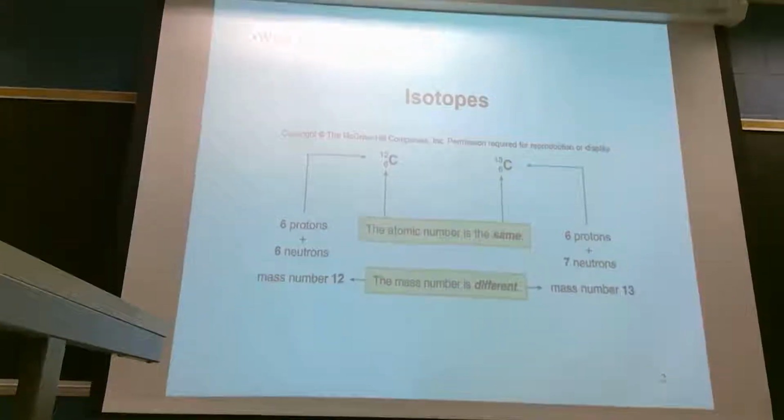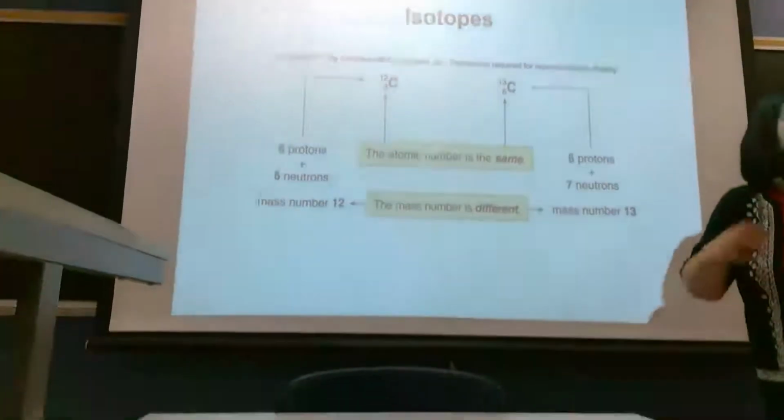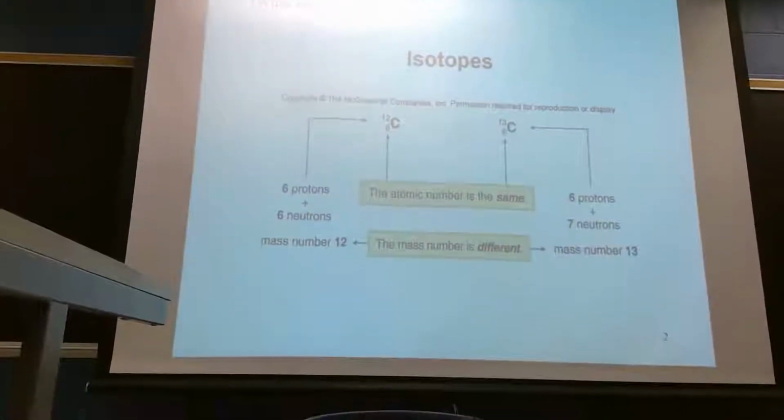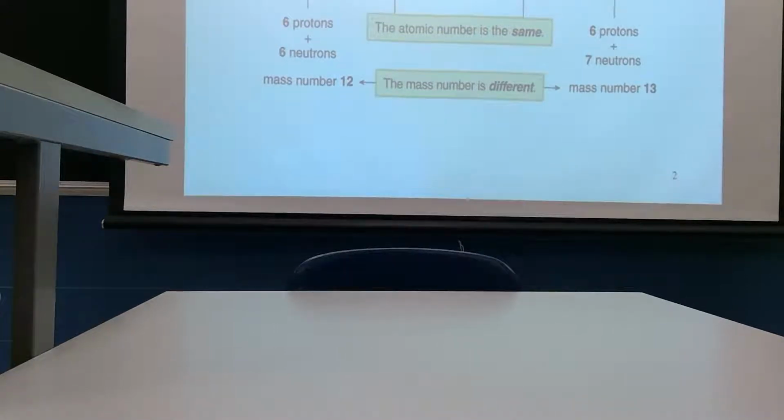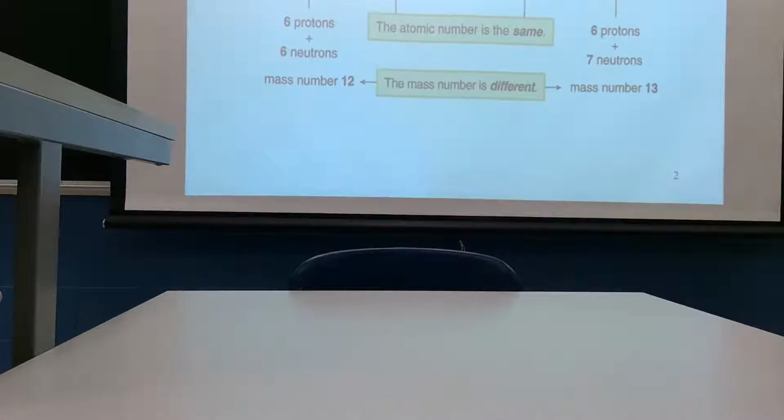So, isotopes. How can we define isotopes? They have to have the same number of protons because they have to be the same element, carbon. But they will have a different number of neutrons.